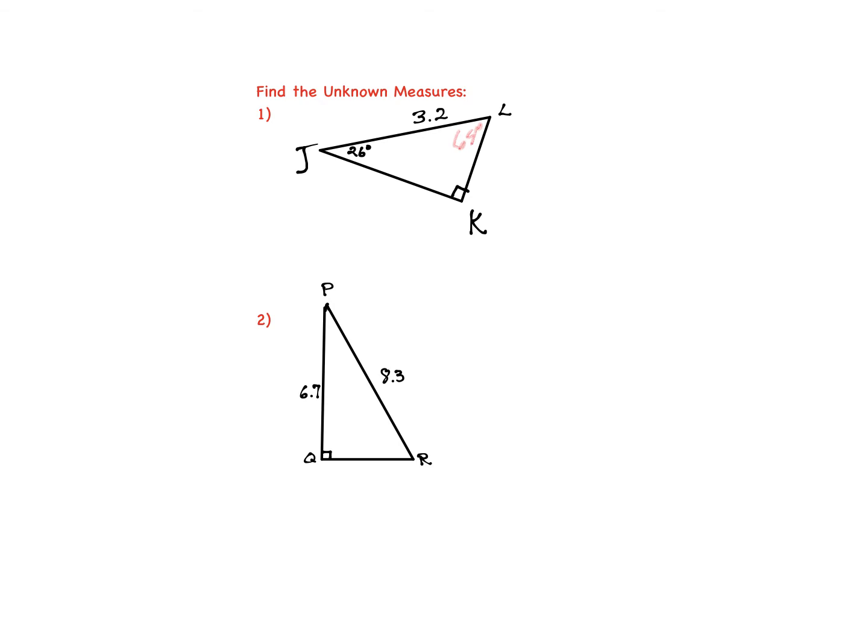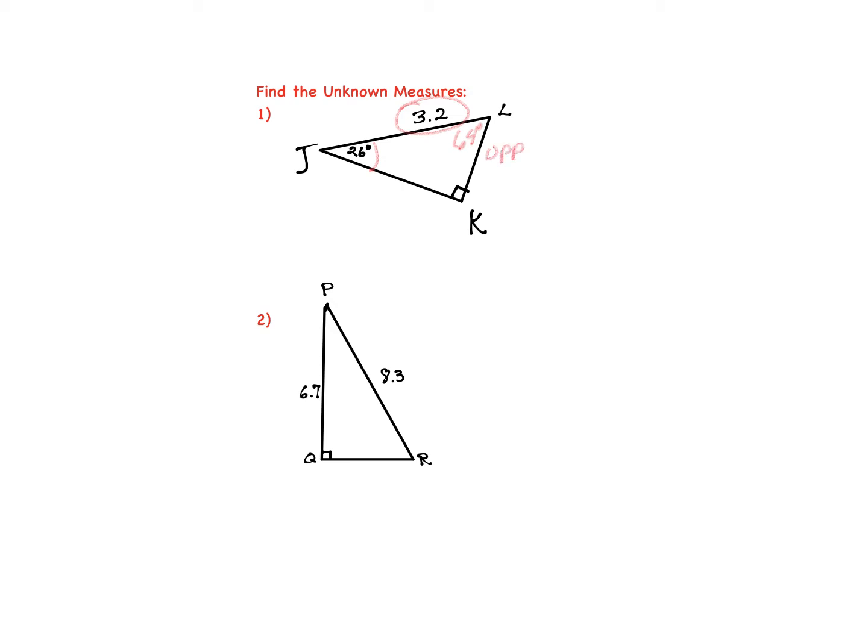Remember, what I need to do is look at LK and determine what I have and what I need to have. So I have this angle 26, and I know the hypotenuse here, and so I know that this is the opposite side.